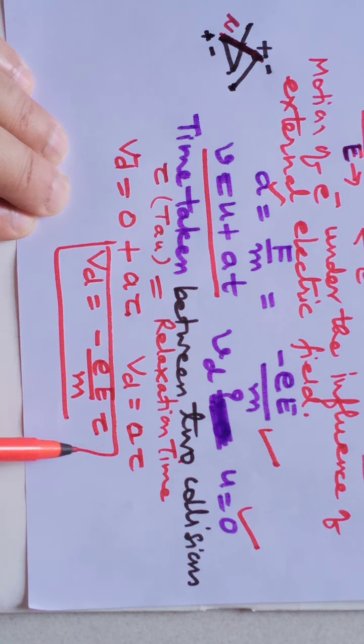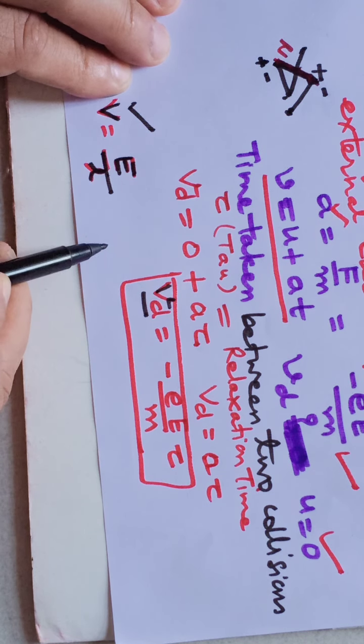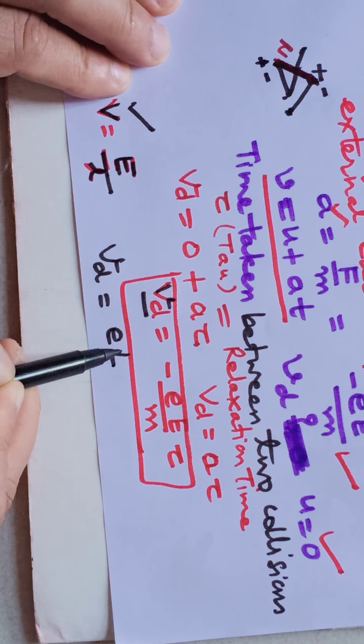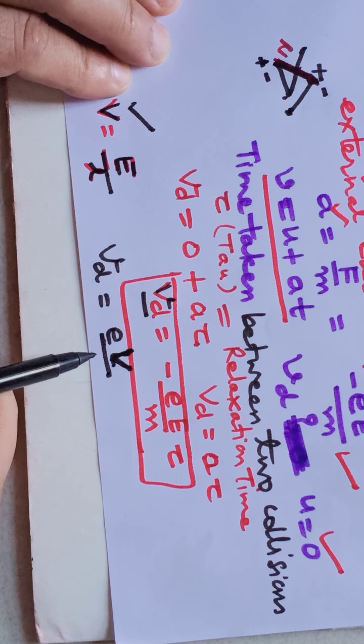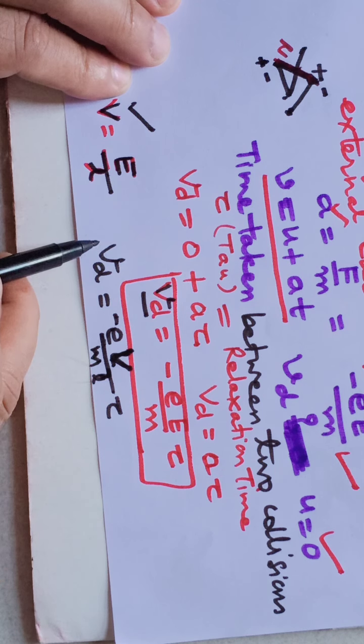drift velocity. Now also we know that the potential difference is E times the length of the conductor. Let the length of the conductor from here to here is L. So V is equal to E L. So in terms of potential difference, Vd will come out to be minus e, in place of E there is capital V potential difference, upon m L, into tau.